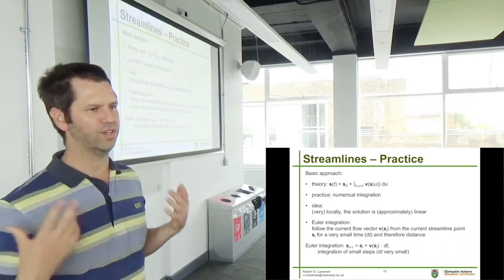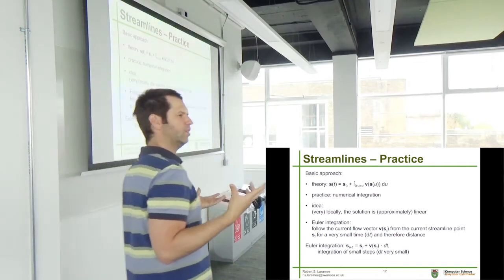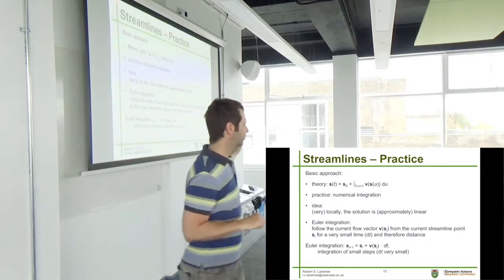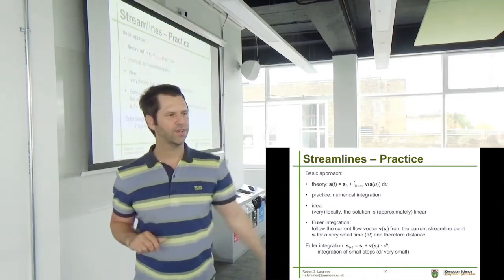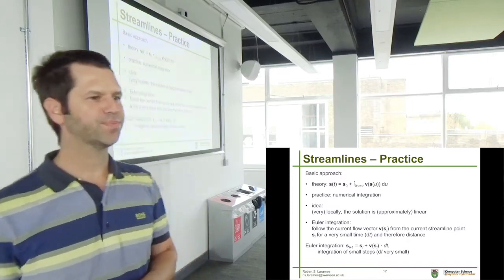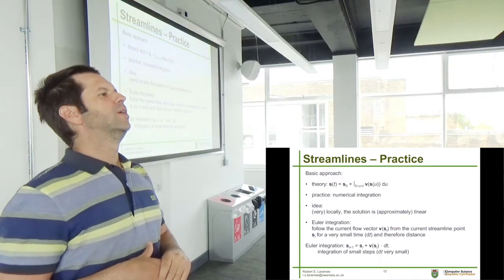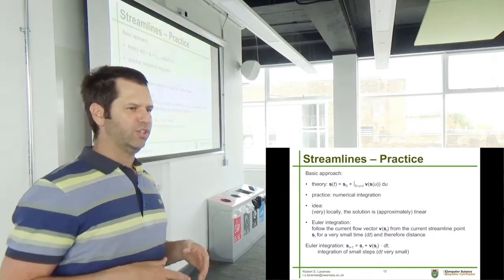That's how you would do it intuitively, I think. You would just guess, okay, I'm going to trace a curve. That's the nearest neighbor approximation, so to speak.